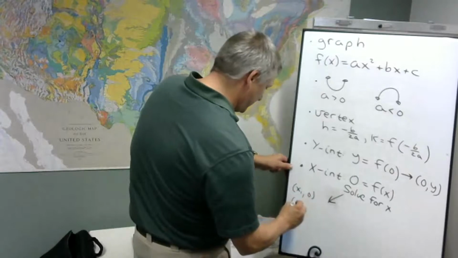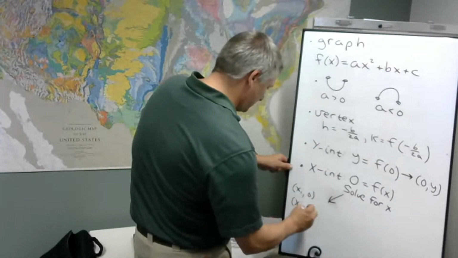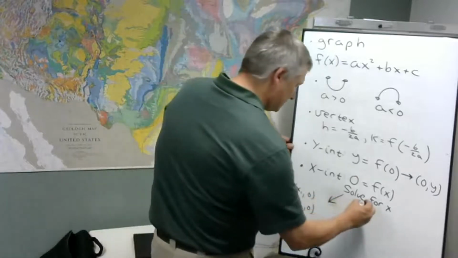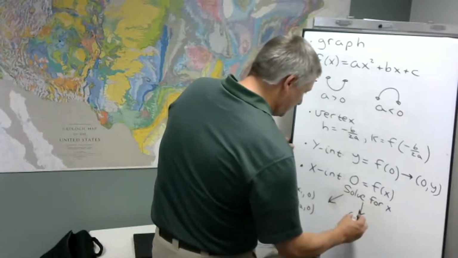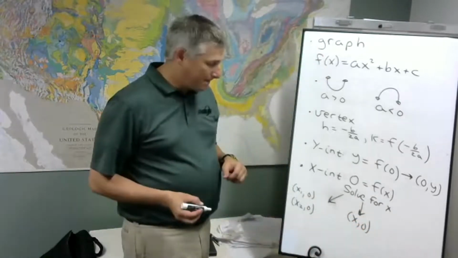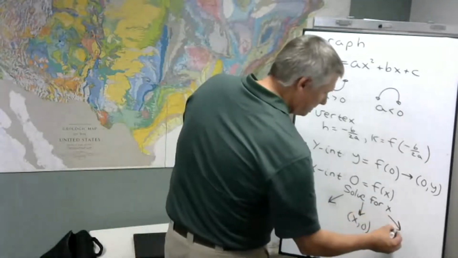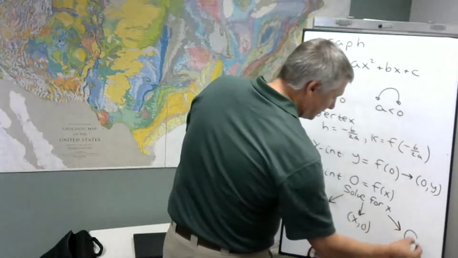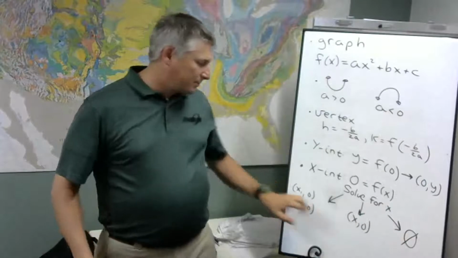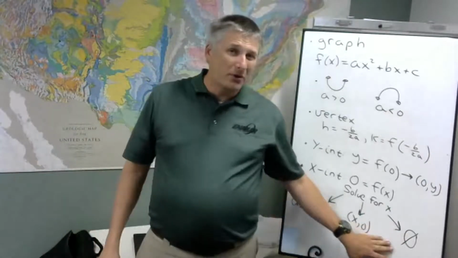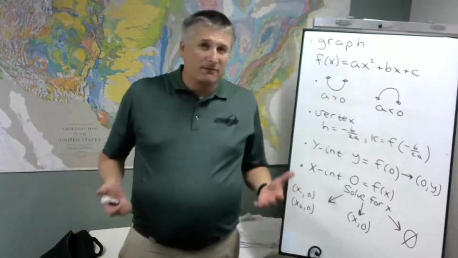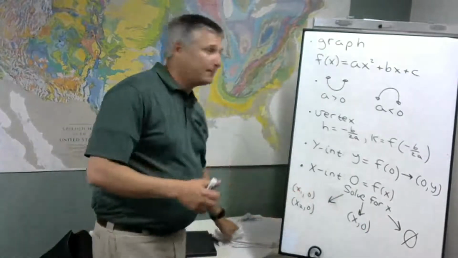There's an x1 and an x2. Each one has a y-coordinate of 0. We could just get 1 x-intercept, some x comma 0, or we can get nothing. We can get 2 intercepts, 1 intercept, or no intercepts at all. Well, let's talk about how we can find these intercepts, and then we'll do an example.